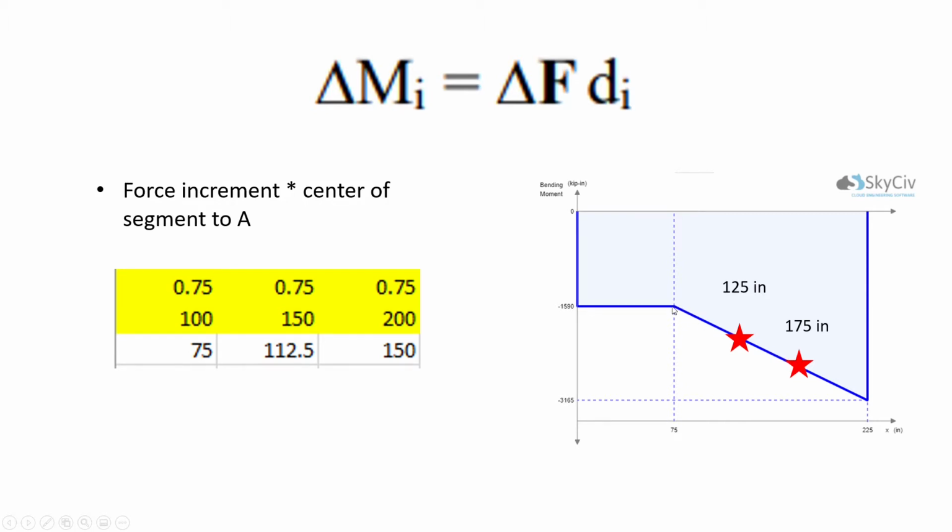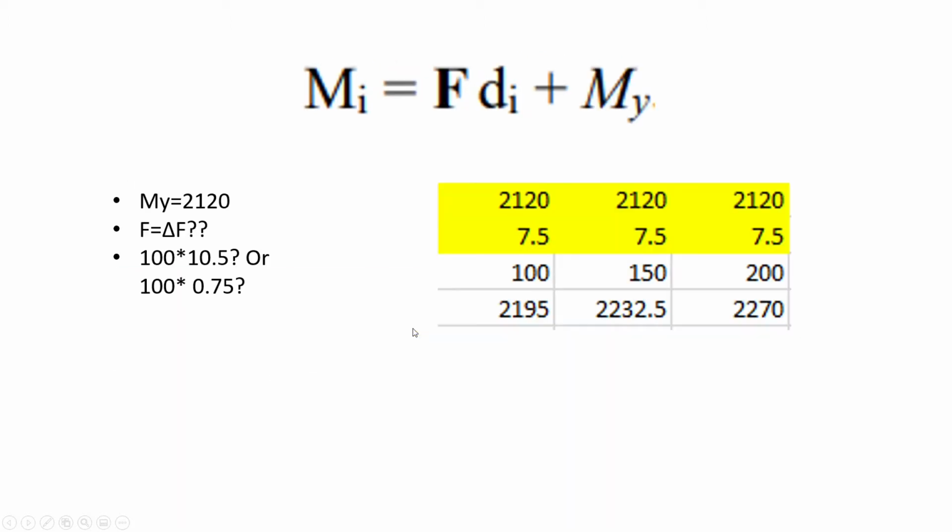If this is 75, each one split into 50, then the halfway point of each segment would be 100. So 75 plus half of 50, 25, and then another 50 would be the 150 right here. Another 50 would leave us over here at 200. So that's where our distance, our increment, is, and this gives us our delta MI.